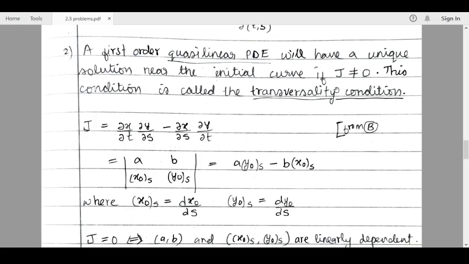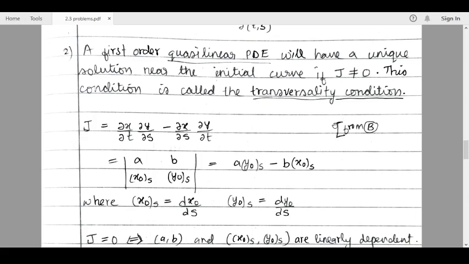So near the initial curve means locally. We can find a neighborhood of the initial curve in which the solution exists. And that will be possible if Jacobian is not equal to 0. And this condition is called the transversality condition. Okay, so the transversality condition says that if Jacobian is not equal to 0, then only we can find a unique solution in the neighborhood of the initial curve.